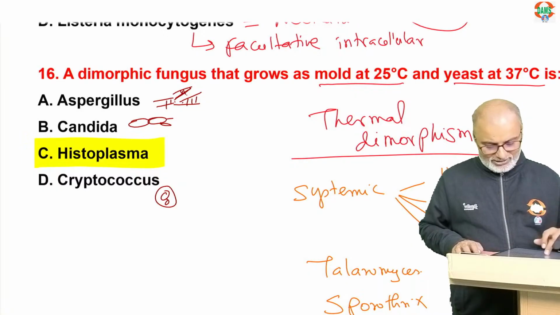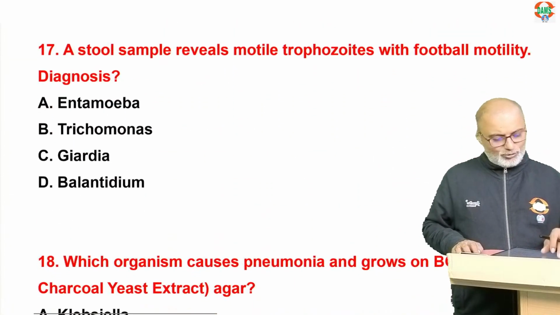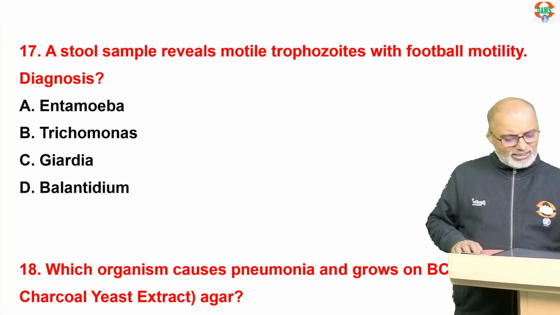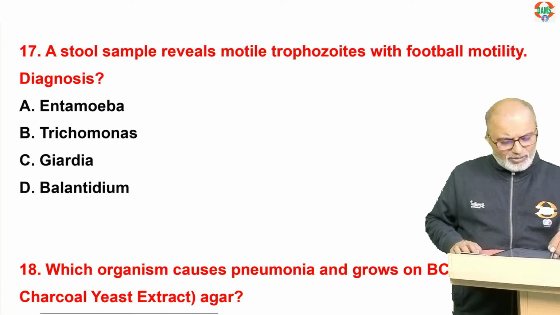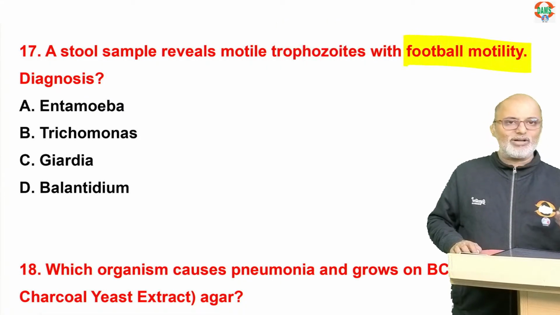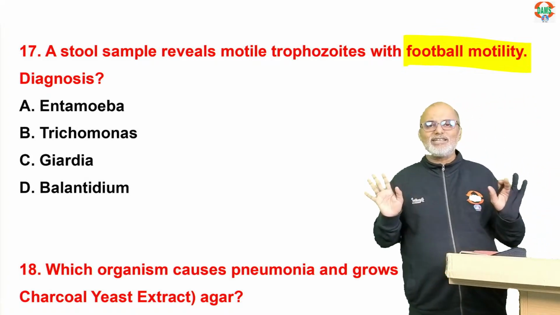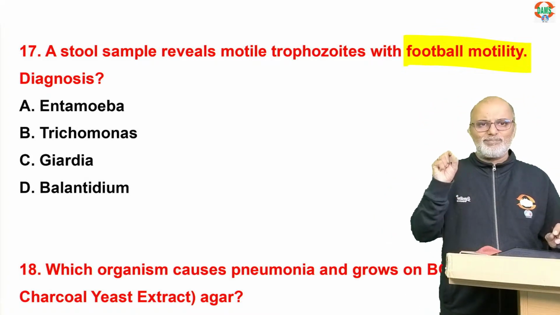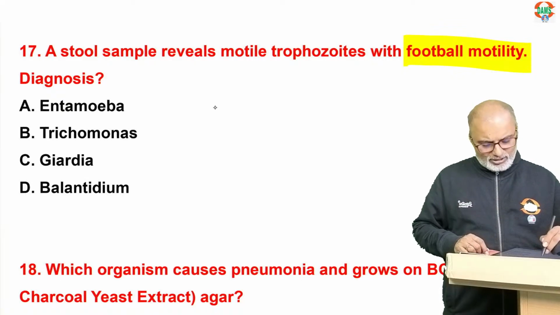Next is: stool sample reveals motile trophozoite with football motility. That is over, game changer. You must know the parasitic motility. One is called falling leaf.